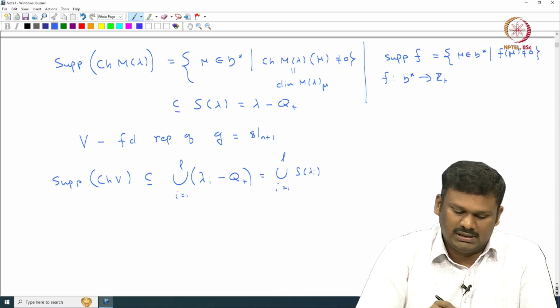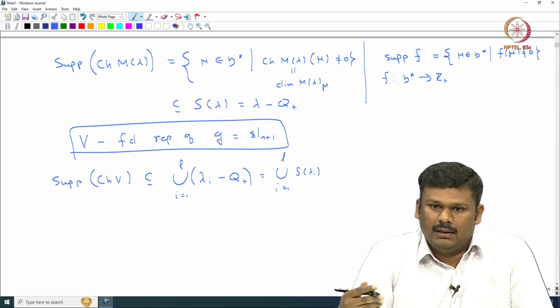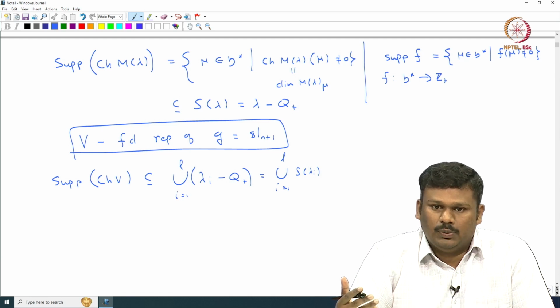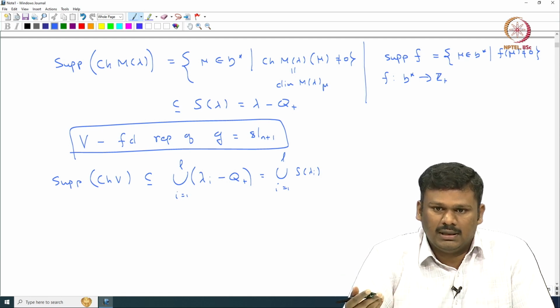So, this suggests that if we are interested in defining this character ring, we can look at those functions that are supported on a finite union of cones bounded above by some lambda i's. Okay.